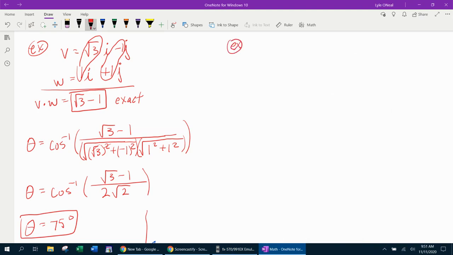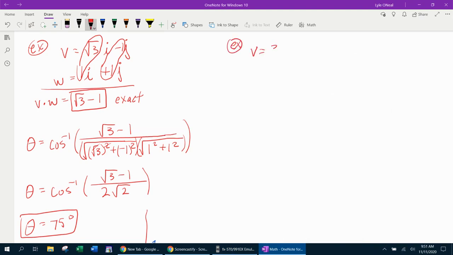Last example, we have vector v is 3i minus 4j, and vector w is 9i minus 12j. And again, we want to find the dot product and the angle between the two vectors.